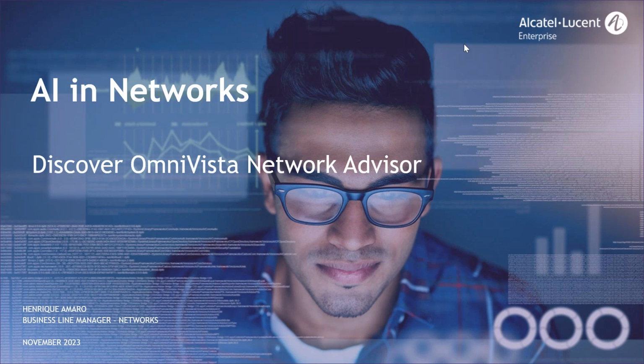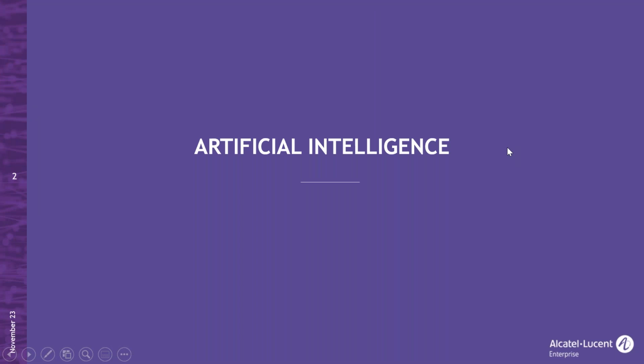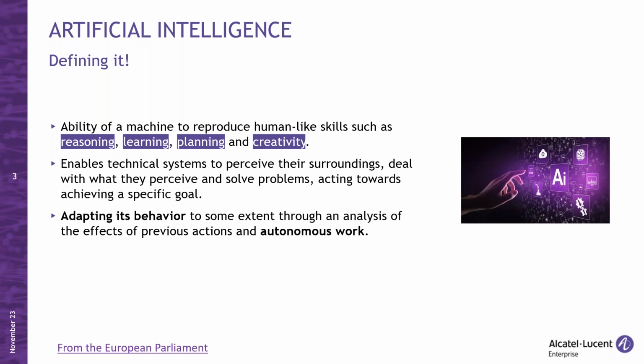Let me start with the slides and a small introduction to artificial intelligence, just some points to level-set what we are talking about and define artificial intelligence. What is it? It is the ability of a machine to reproduce human-like skills such as reasoning, learning, planning, and creativity.